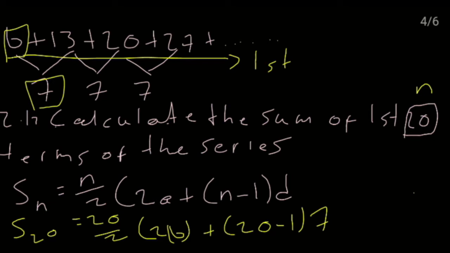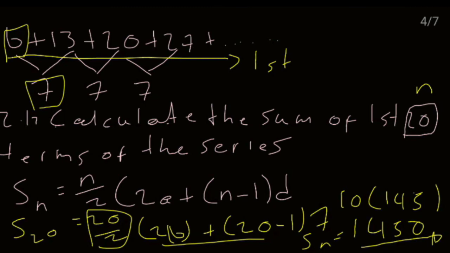I just worked out what is in the bracket. So 20 divided by 2, it's 10 times 145. 10 times 145 is 1450. So the sum of the first 20 terms in this series is 1450. That's question 2.1.2.